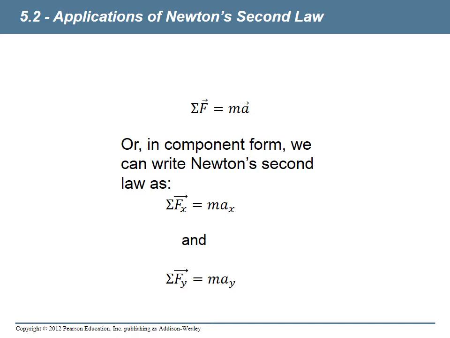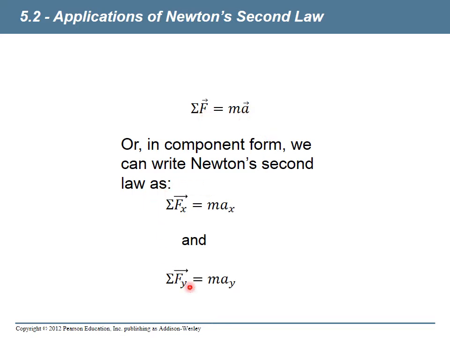We can also use Newton's second law to find acceleration as well, right? So instead of equilibrium conditions in which summation of forces equals 0 because acceleration was 0, we can also have non-equilibrium conditions, dynamic conditions, in which there is some acceleration, right? So in which case we would need to write Newton's second law as summation of forces is equal to mass times acceleration, or the net force is equal to mass times acceleration.